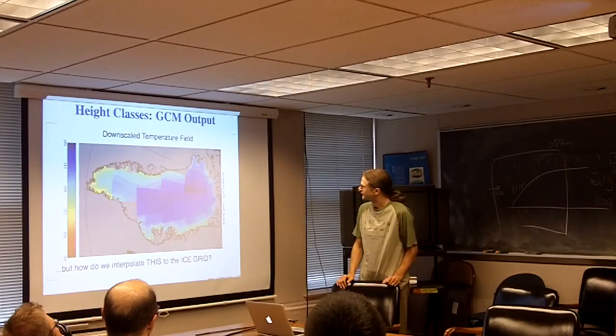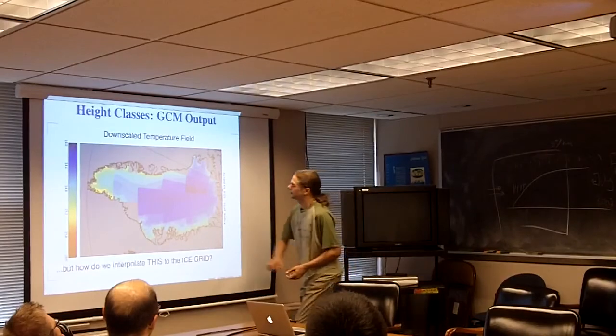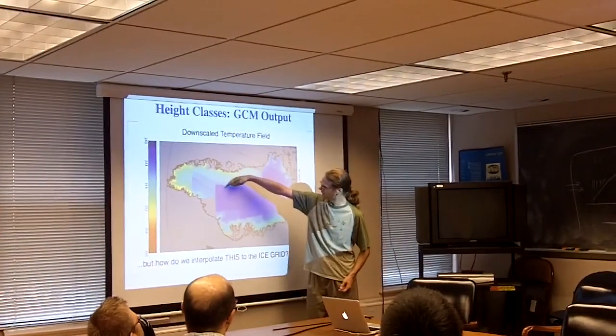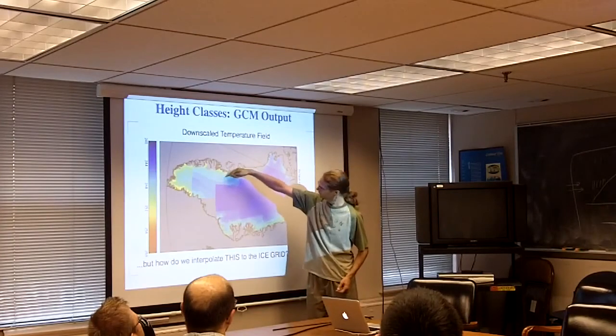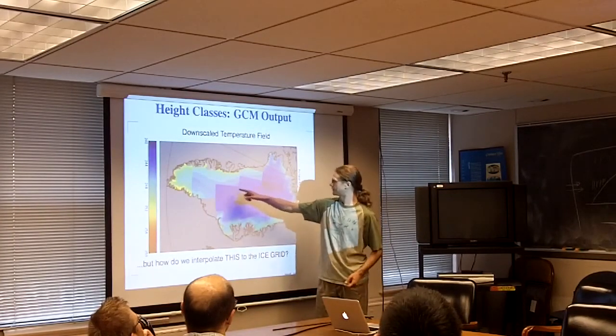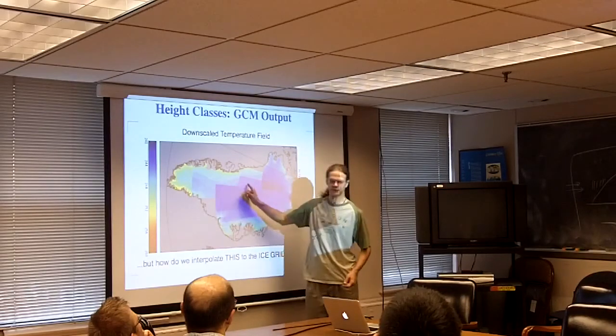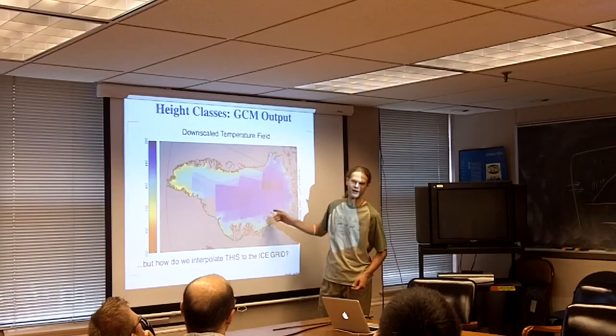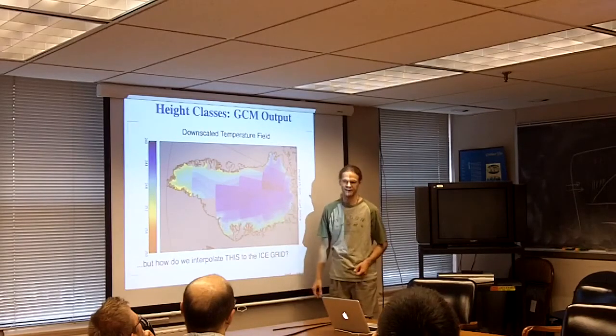And so here you can see, right here you're going upslope, and this is temperature, so our temperature gets colder, and the temperature also gets colder if you're going north, or depending on the weather patterns. This is averaged over 5 years.